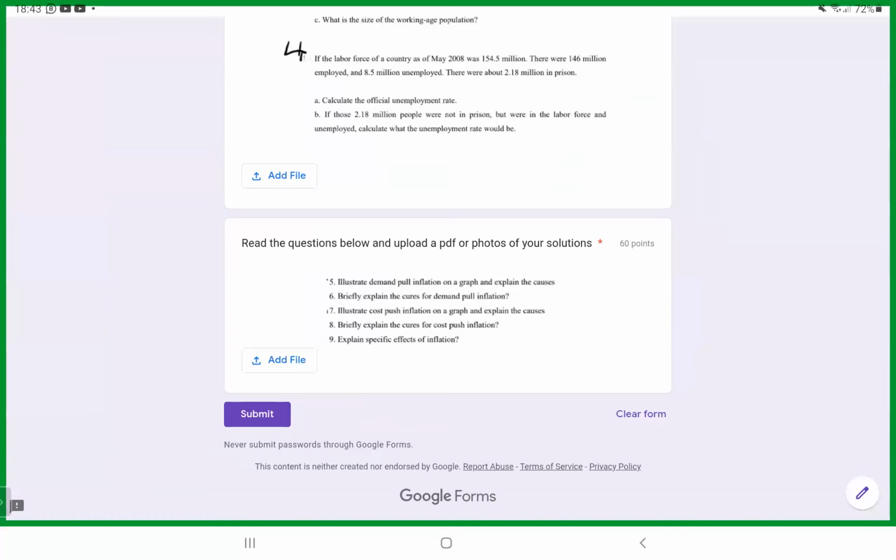Briefly explain the cures for cost push inflation. What are some of the cures of cost push? How can we cure cost push inflation?